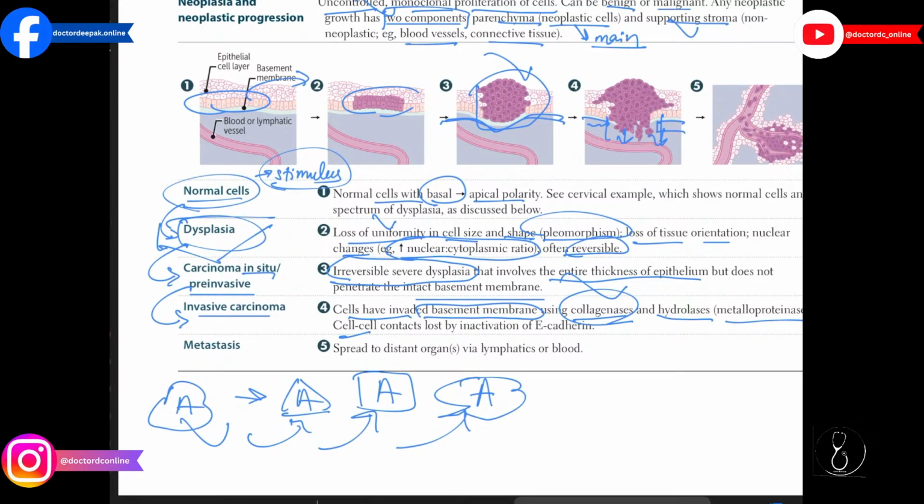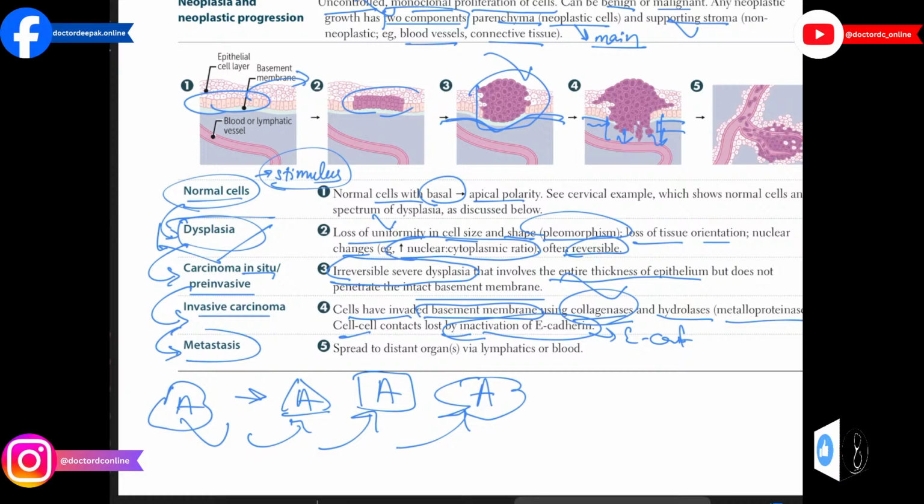Cell-to-cell contact is also damaged, lost by the inactivation of E-cadherins. E-cadherins maintain cell contact with each other and hold them together, but when E-cadherins are inactive, the cells spread and invade different sites.